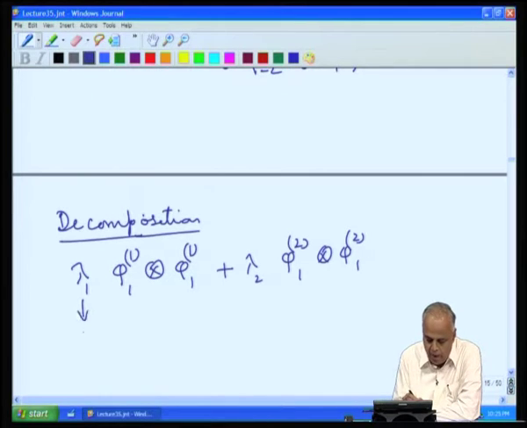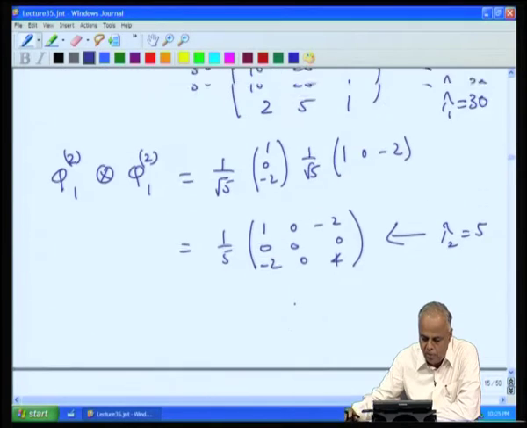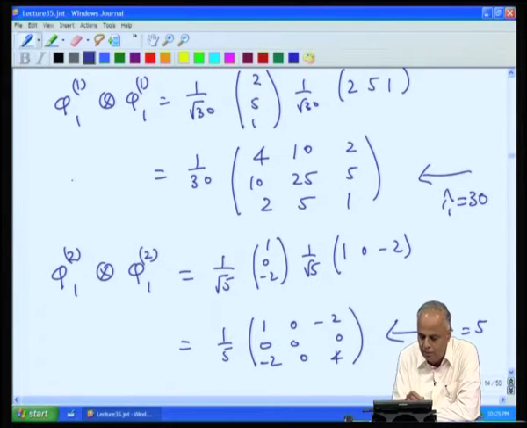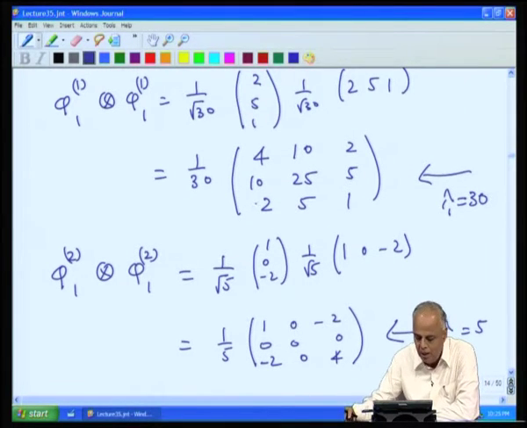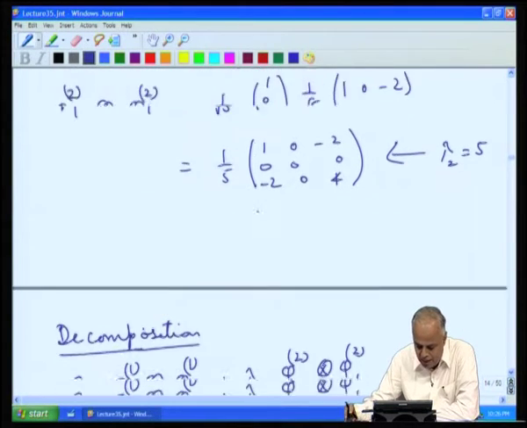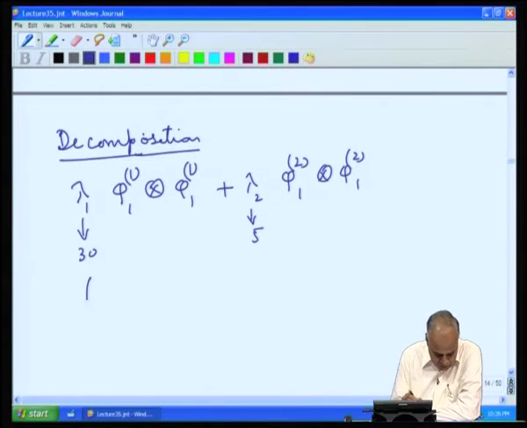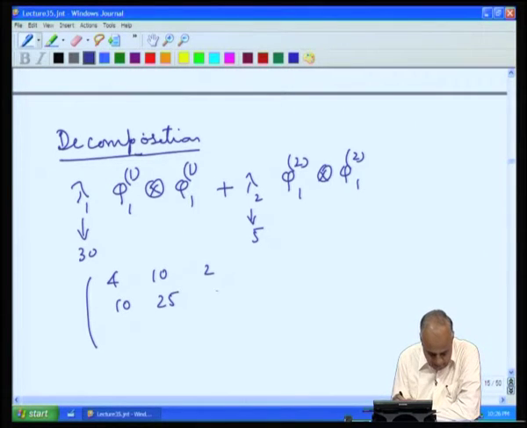Lambda 1 is 30, lambda 2 is 5. So, we multiply the first matrix by 30, the 1 by 30 and 30 get cancelled, and we get (4, 10, 2; 10, 25, 5; 2, 5, 1).